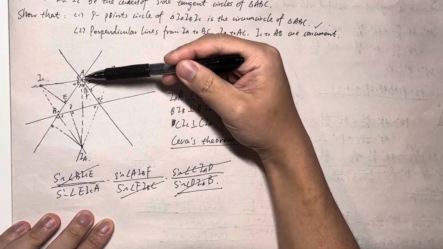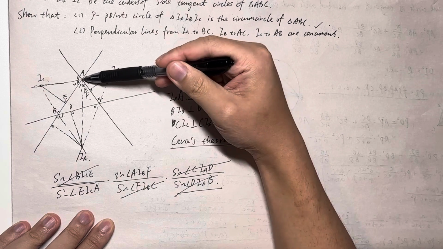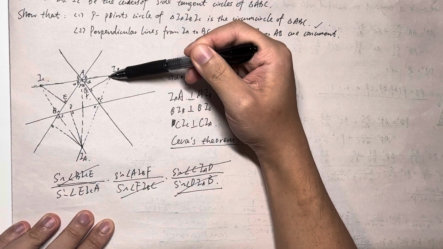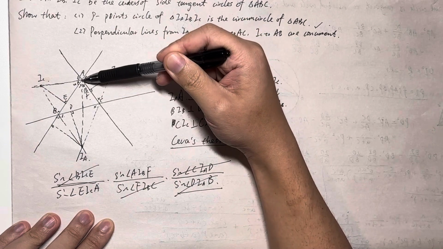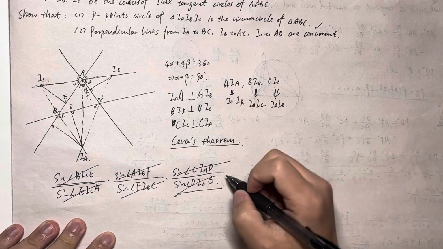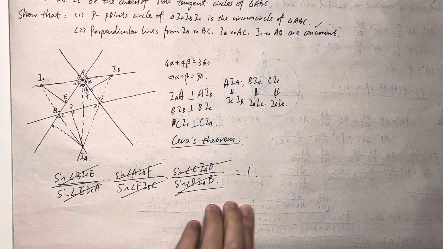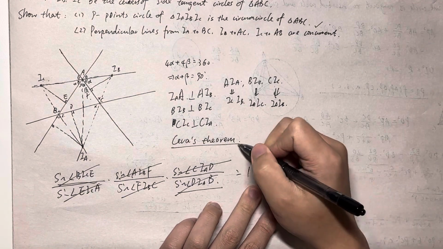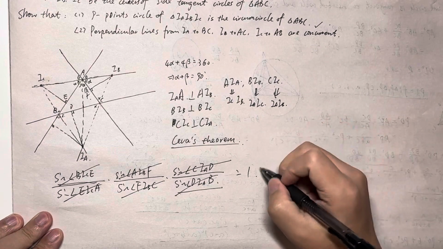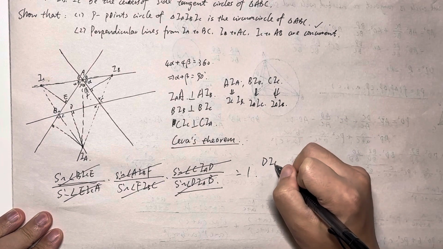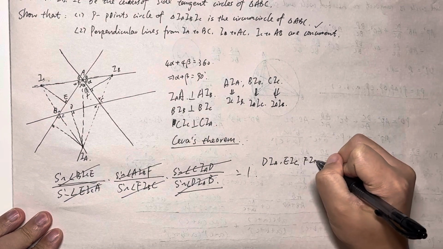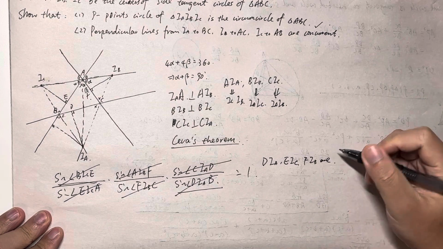And for the angle AIB F, because this is alpha, this one equals this one, equals AIC E, or EIC A, that's the same, right? They all cancel, so it equals 1. So we can use the converse of Ceva's theorem in angle form. We can just directly say that DIA, EIC, FIB are concurrent.